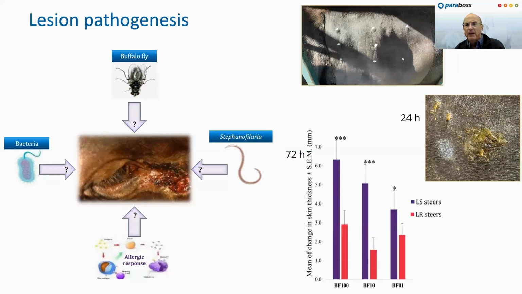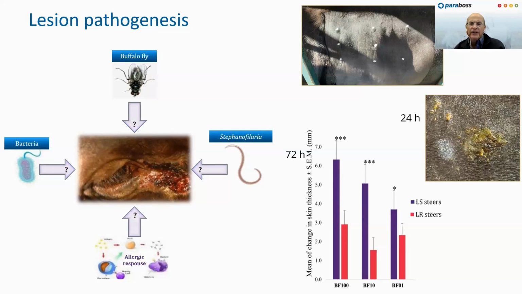Interestingly, we got a big wheal occurring within 15 minutes pretty much. Then by 24 hours, we got this exudate forming around the lesion sites in some of the animals.